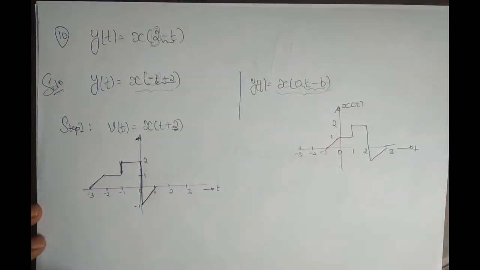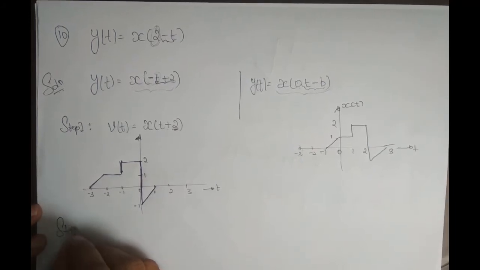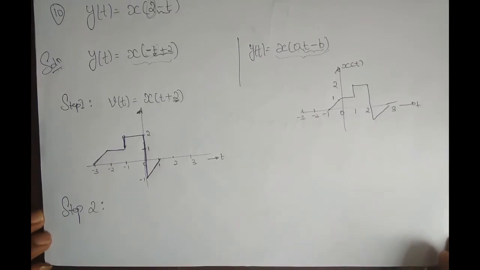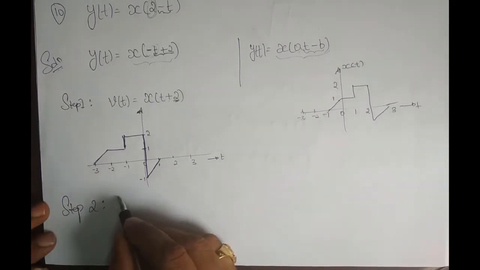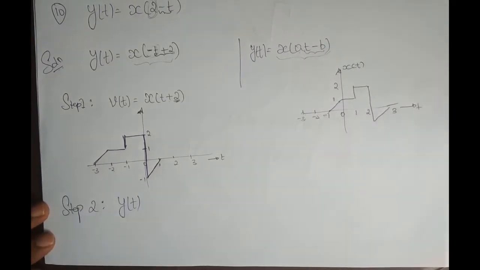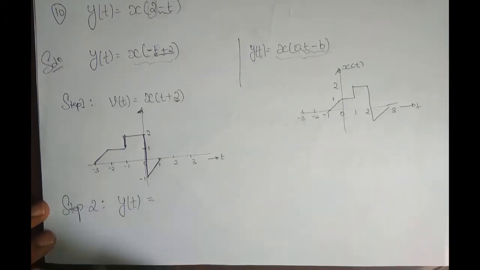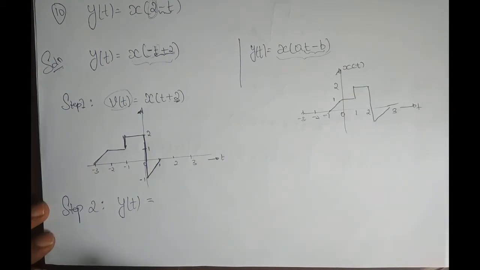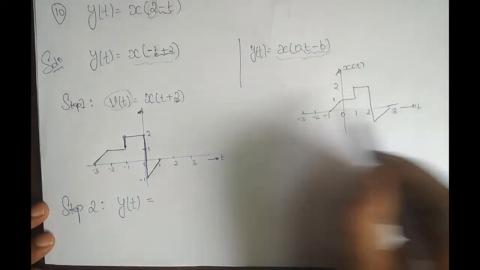Now what do I need to do? Step number 2. In step 2, our original resultant signal y of t, I have to scale the intermediate signal. What is the scaling part? The scaling part is minus t.